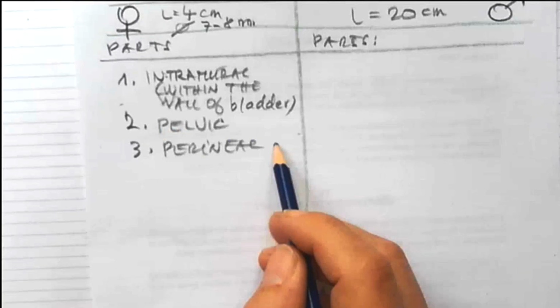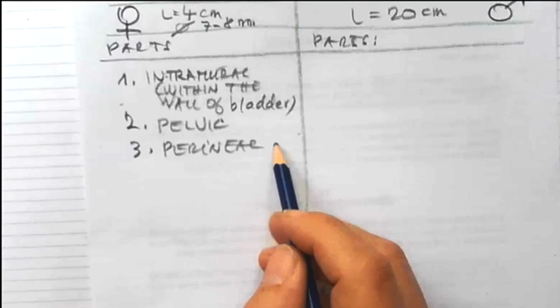There are only 3 parts in the female, but in the male number 1 is the intramural, the same. Yes, there is a sphincter. Number 2 in the male, not in the female, is the prostatic part of the urethra.